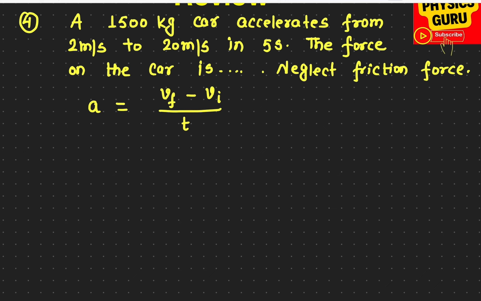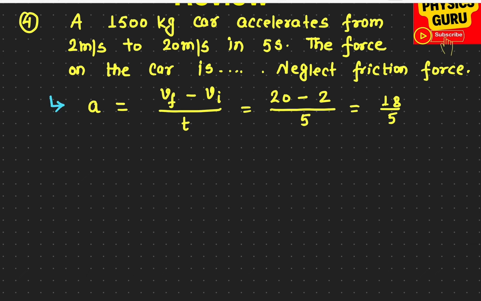So my final velocity is 20 meters per second. Initial velocity is 2 meters per second. And my time is 5 seconds. So 18 divided by 5. Okay, so that's my acceleration.